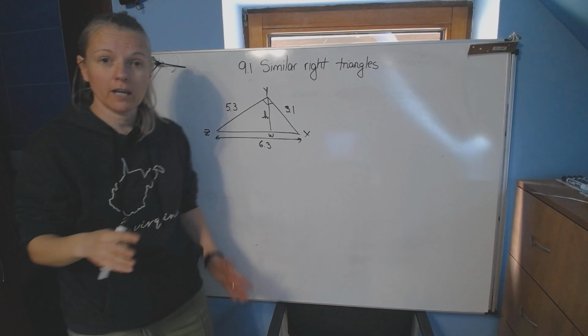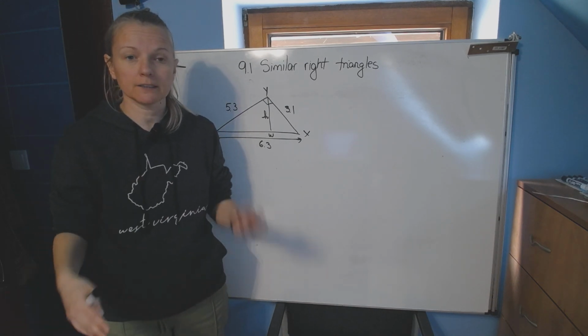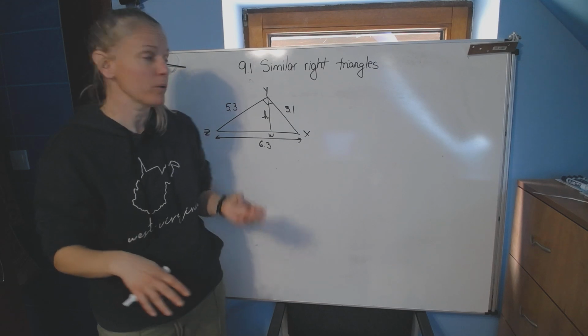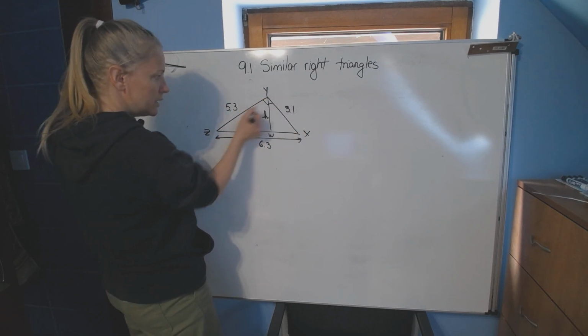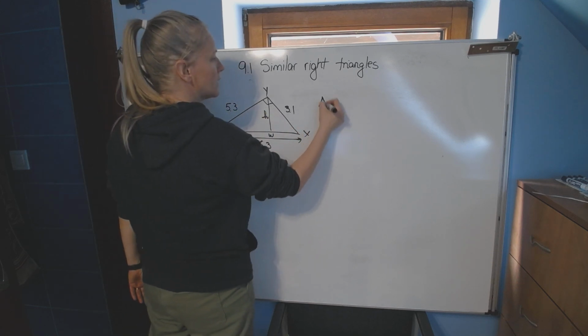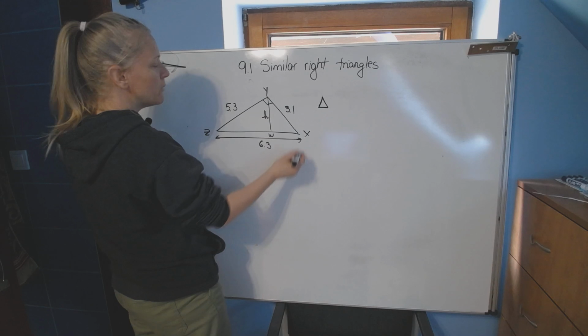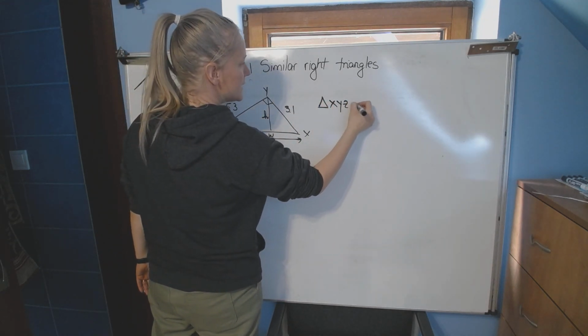Number 1, and you're going to have this in the homework, is going to ask you to state the similar triangles. They're always going to be 3. Remember, this is 9.1. Once you drop that altitude, you have 3 triangles. The big triangle, the medium-sized triangle, and the small-sized triangle. Which means triangle, you can start however you want. X, Y, Z is similar.